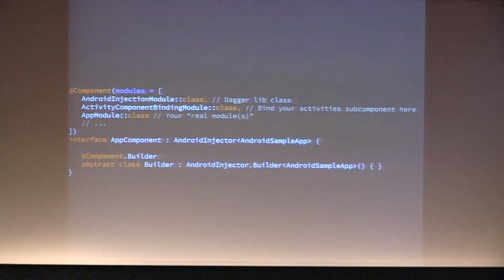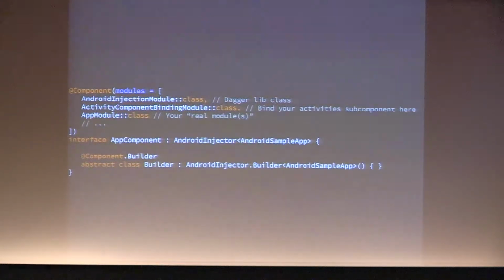Next, we will start to see the code that we have to write ourselves. So this is the code that you will need to write. You declare your app component. As you remember, the app component is the root component of your dependency graph.